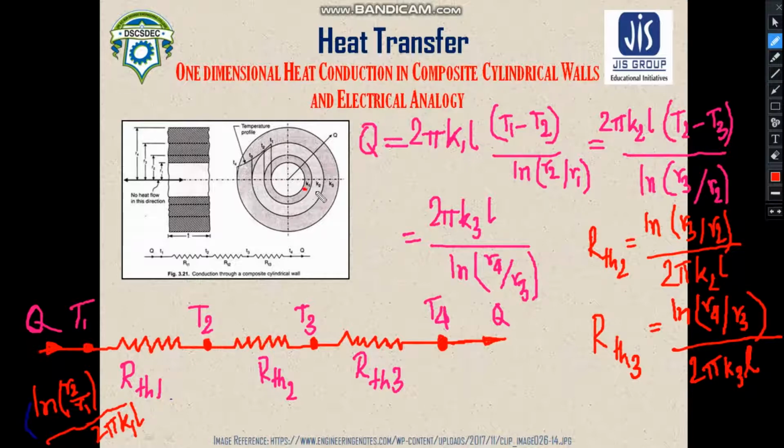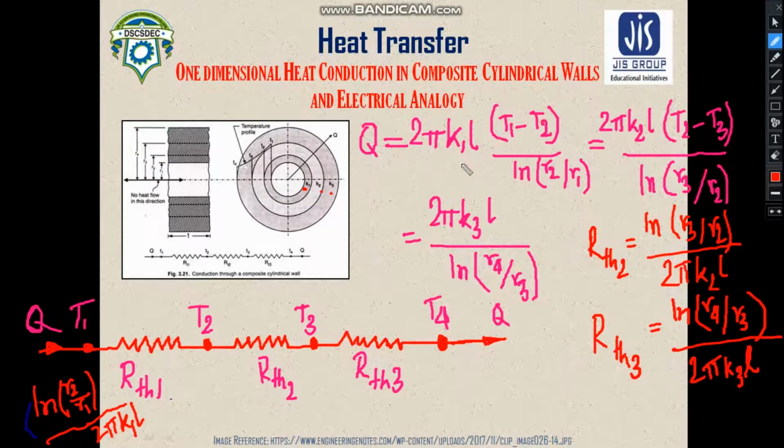So K1, K2, K3 refer to the different materials. This is a hollow cylinder which has several layers of insulation. You can assume that it is an insulation of a certain material, and then it has two other layers of insulation also. Now the heat transfer is going on in the radial direction.